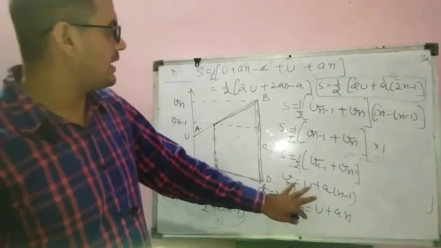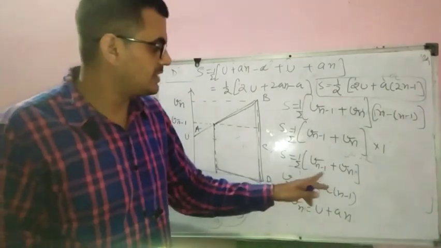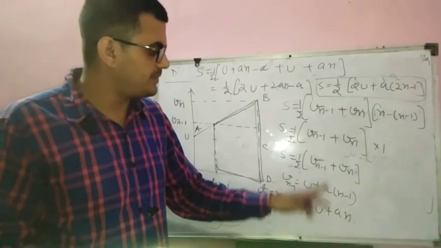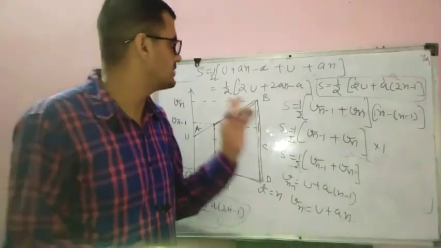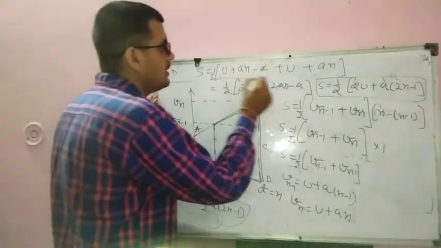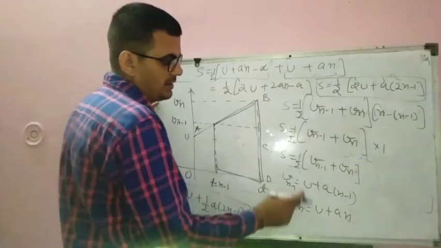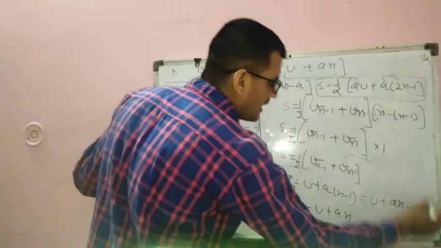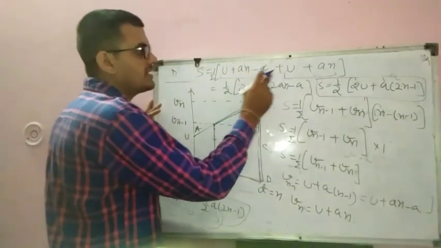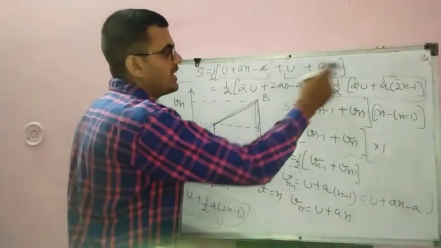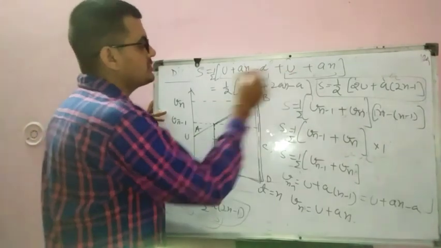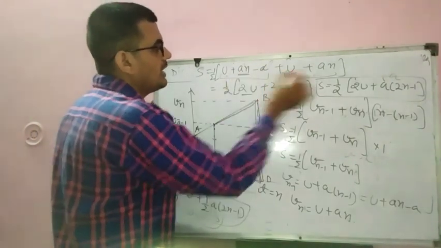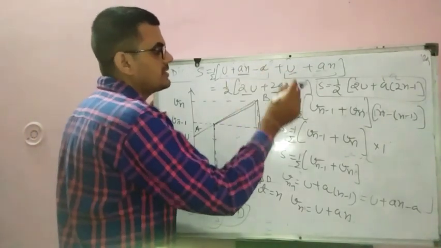Now put these two values in this place. You can also multiply it: u plus an minus a, plus u plus an. This gives u plus u, 2u; an plus an, 2an, minus a.